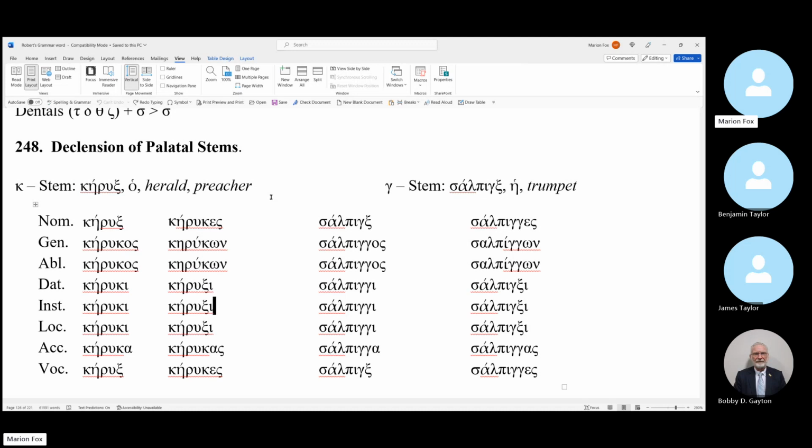The people walking around would gather around. He'd read whatever message the king or the ruler or some government official had. And that's what this herald is. He's going to herald out and deliver this message.